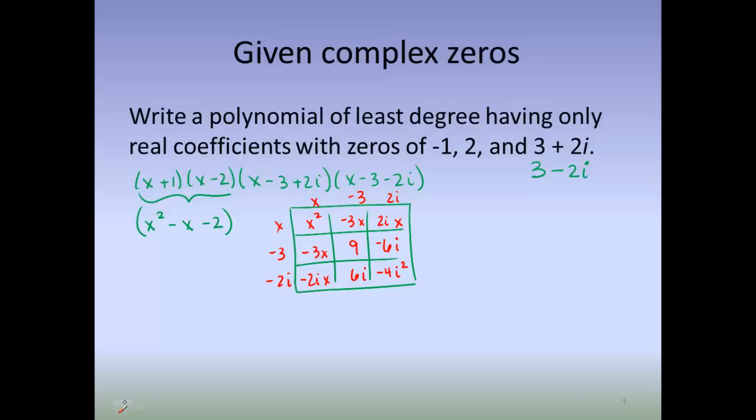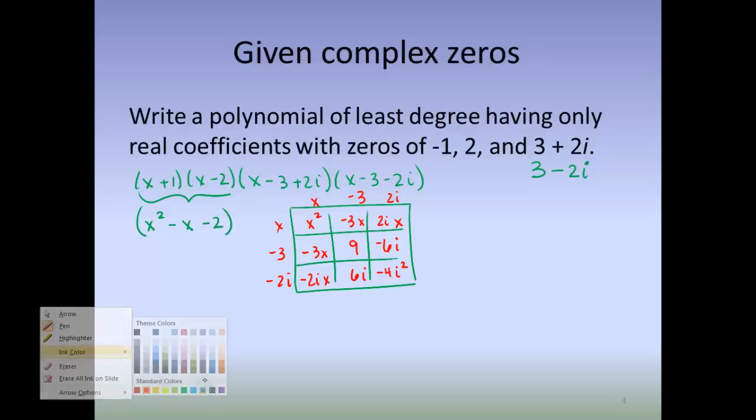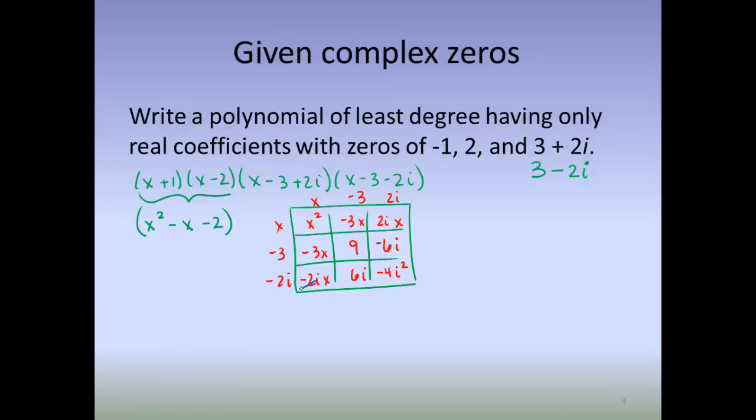Okay, once again, we see some opposites, so we're going to get rid of those opposites. We can cancel out my negative 2ix, we can cancel out my 6i's, and I'm going to change this to plus 4 because my i squared represents a negative 1. So this becomes x squared minus 6x plus 13.